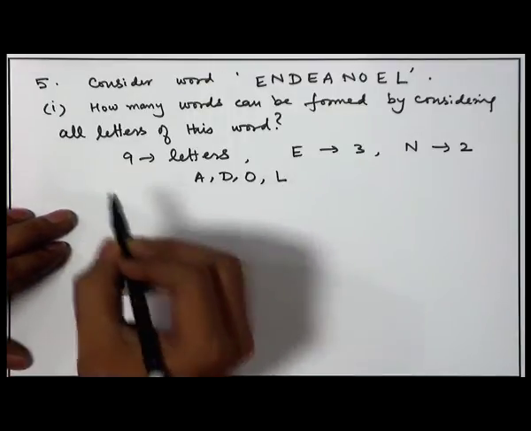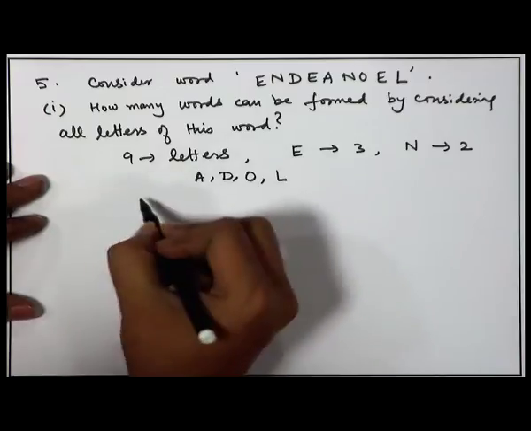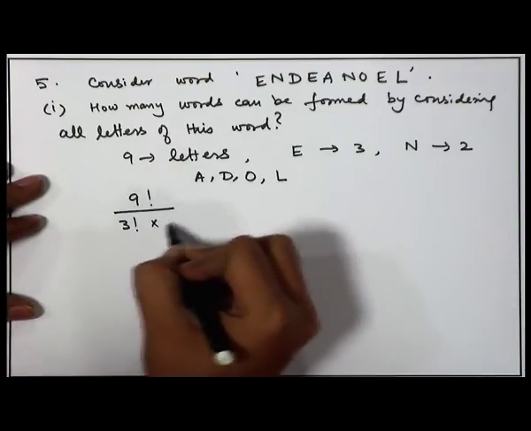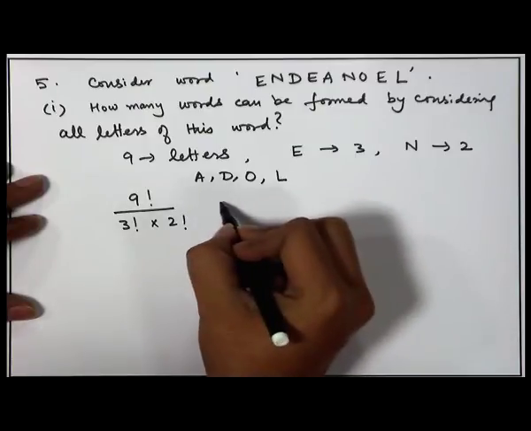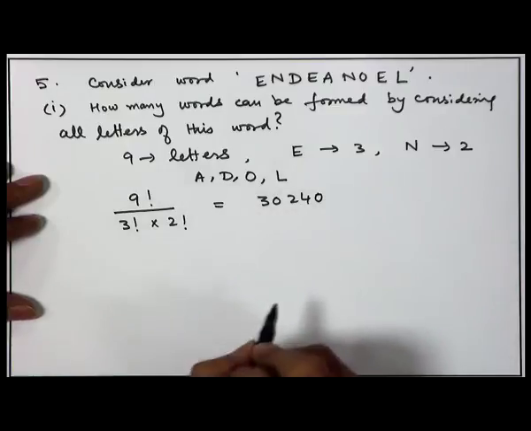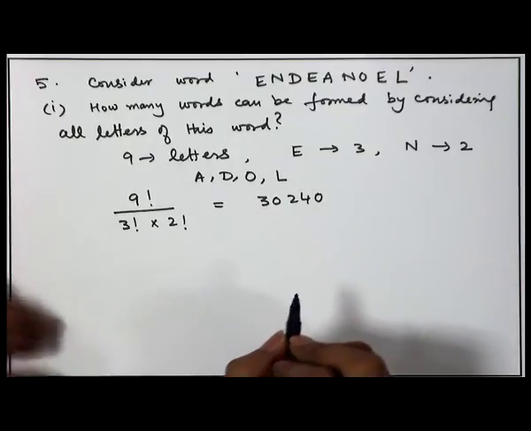So, if you look at how many permutations, if you have 3 things which are identical and 2 things are identical, you will have 9 factorial divided by 3 factorial into 2 factorial. Of course, one can simplify this. There will be a total of 30,240 such arrangements.